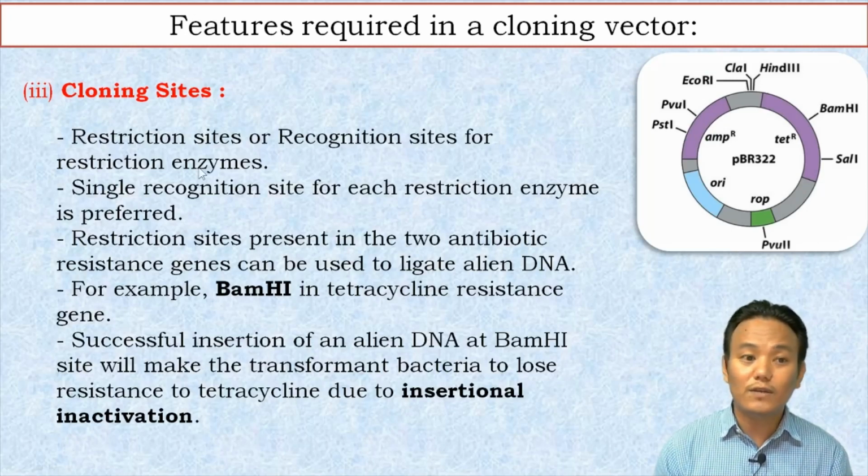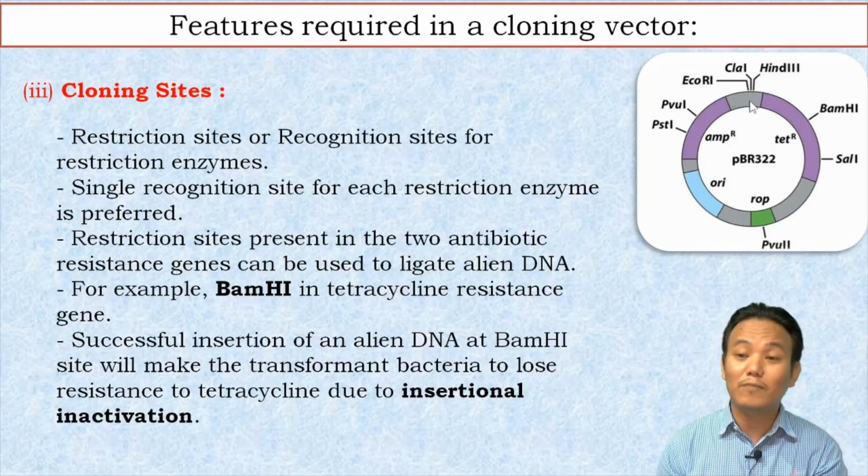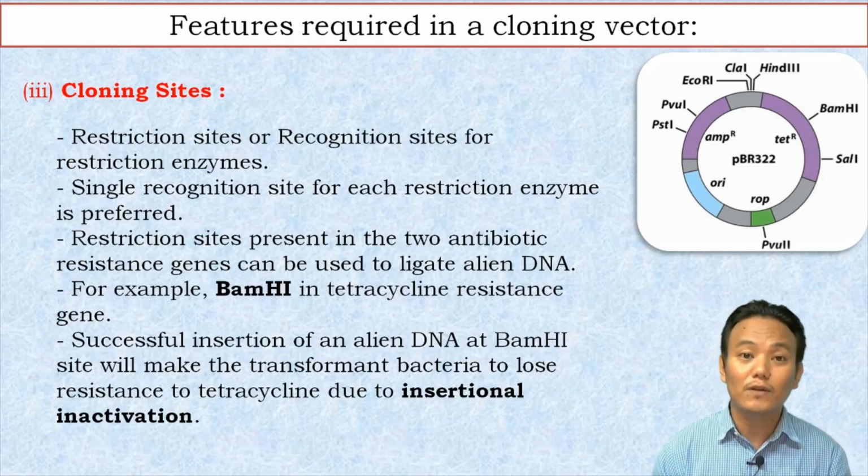Now, the thing over here is that a single recognition site for each restriction enzyme is preferred. Why is there only one recognition site for EcoR1? Why are there no multiple recognition sites for EcoR1? That is because if there are multiple recognition sites for a restriction enzyme, the restriction enzyme will make multiple cuts on the vector. That will create small pieces of the vector, which is not a desirable result.